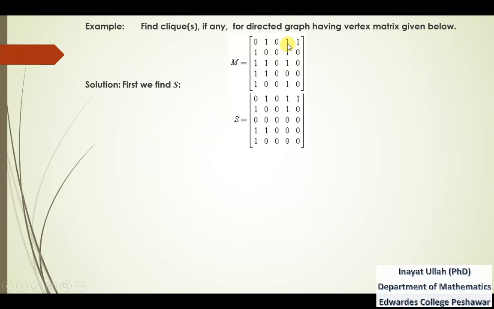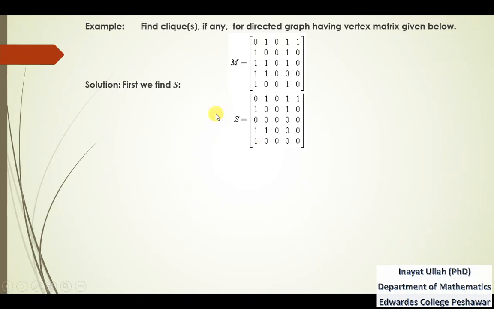Similarly that will be matched with the last one, second with the second last one. Similarly this third will be matched with the last one, and this will be left alone. This will be matched with that one, and so on. So using all those criteria to find S, this is S matrix.